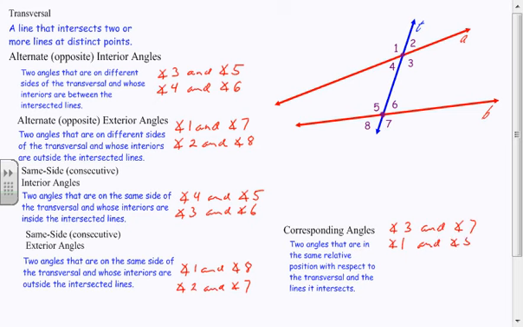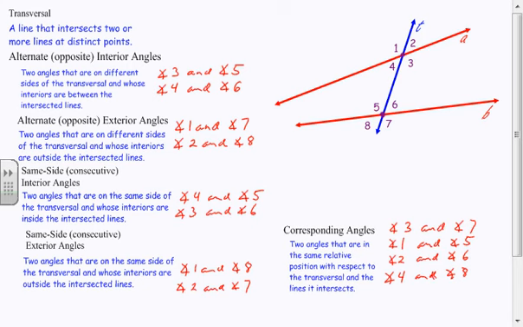There are actually 4 pairs of corresponding angles in this picture. 2 and 6. And one more. What did I get here? 4 and 8. Angle 4 and angle 8. Okay, so they're in the corresponding position.